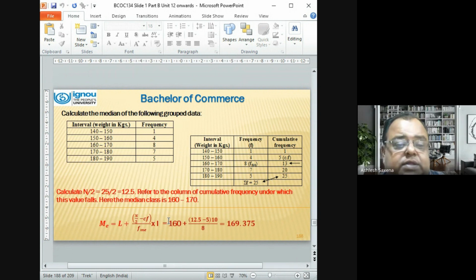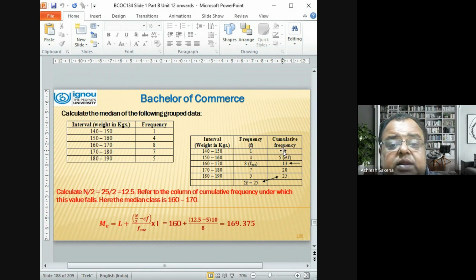This is much more important, to understand how the median is calculated. These two columns will be given to you. You have to generate a column for cumulative frequency. Now the question arises how this cumulative frequency is obtained.